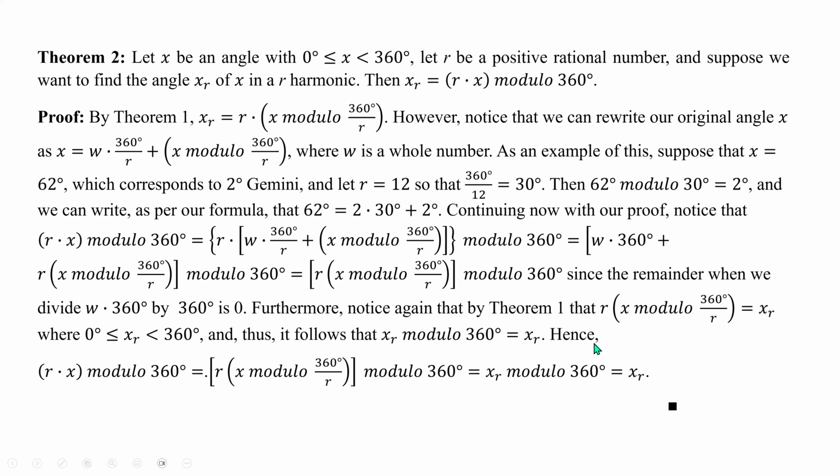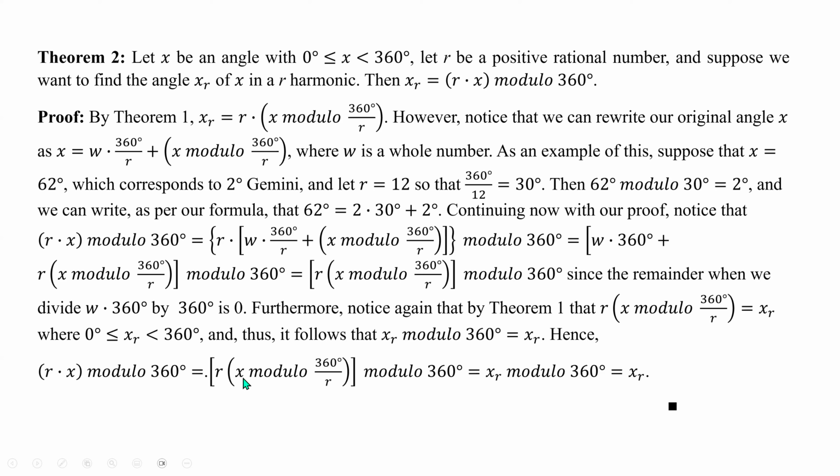Okay, hence r times x in parentheses modulo 360 degrees, that's this thing right here that we're calculating, is going to be equal to r times parentheses x modulo 360 degrees over r, parentheses close, modulo 360 degrees. That's what this derivation right here concludes.